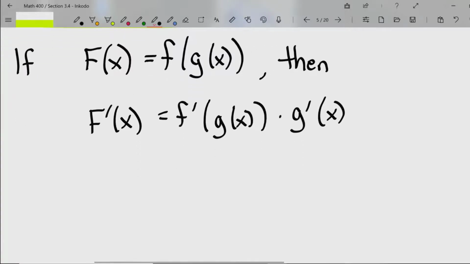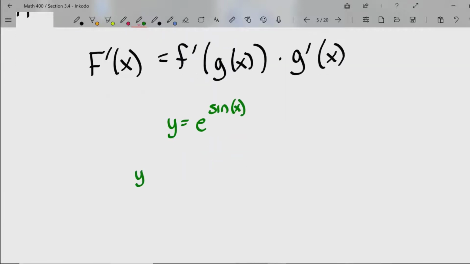So if I told you that I had a function, I'll write it as y equals, just for simplicity, and this function was e to the sine of x, well, y prime would equal the derivative of the outermost layer. So the outermost layer is e to a power. The derivative of e to a power is e to the power. That's what the derivative is.